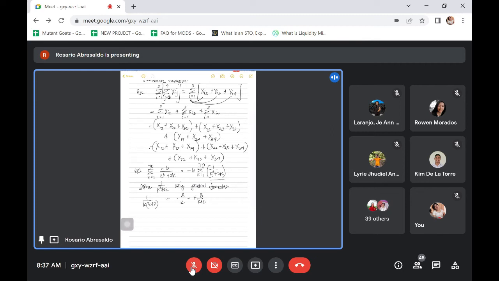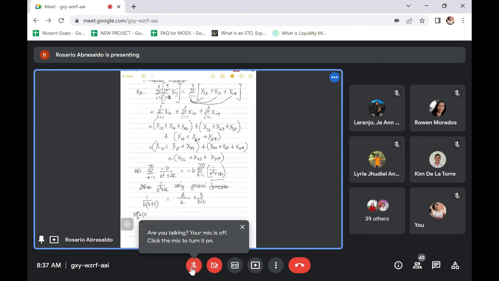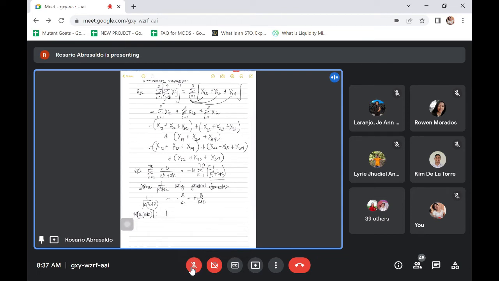To eliminate the fraction, class, we need to multiply both sides by the least common denominator, which is k times k plus 2. Okay, so it becomes 1 on the left side, since the factors cancel. Now, on the right side, we're going to distribute, okay?